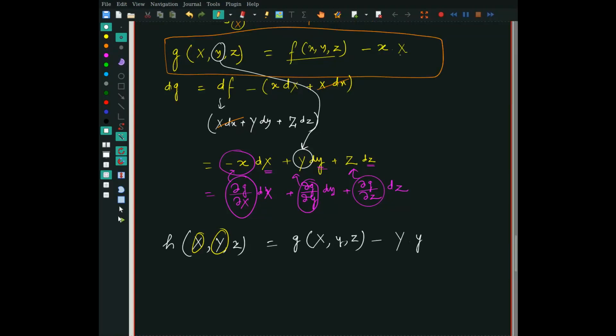This x times capital X was x times del f del x. So this was f of x, y, z minus x times del f del x. That is the strategy I am doing: I want to replace x with del f del x. So I am just doing this.